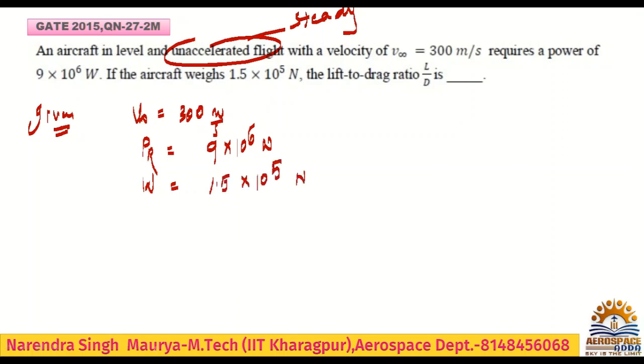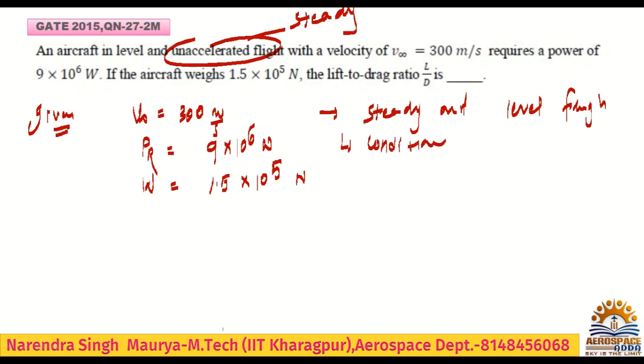And it is mentioned level and steady, so I can write steady and level flight. This is the condition given. What we need to calculate is the L by D ratio. So it is a simple one, L by D ratio is being asked here.